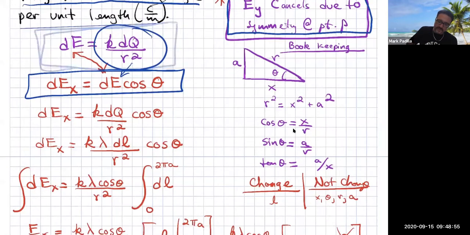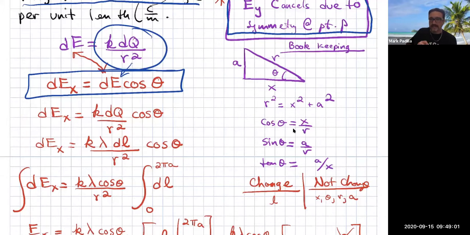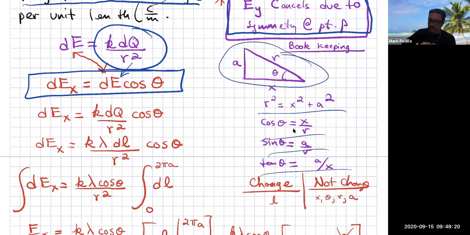So we establish our dE is kdQ over r squared. We understand that dEx is the only variable we need to deal with in terms of the E field propagating in the x direction. Then we do our bookkeeping. We create the triangle that we're working with and write out all our bookkeeping notes.